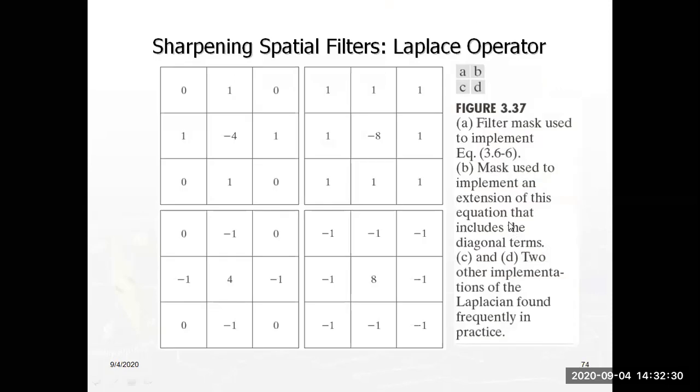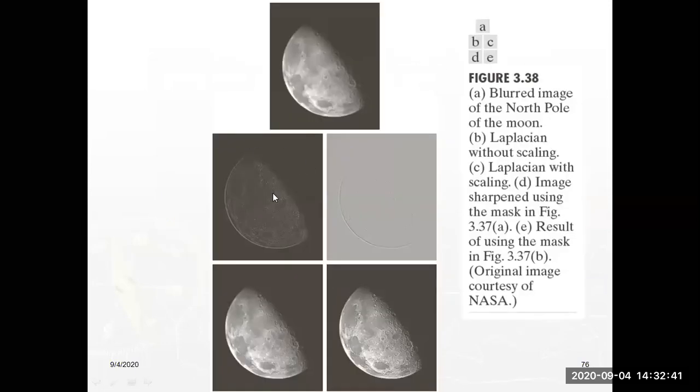That means if you use mask A, with values 0, 1, 0, 1, minus 4, 1, 0, 1, 0, on this image, then what happens?